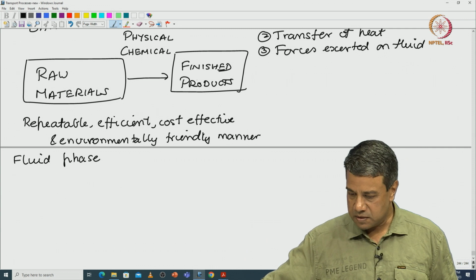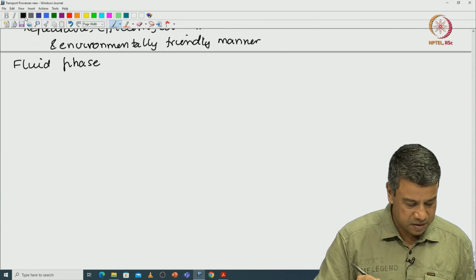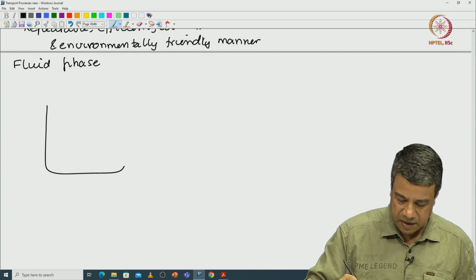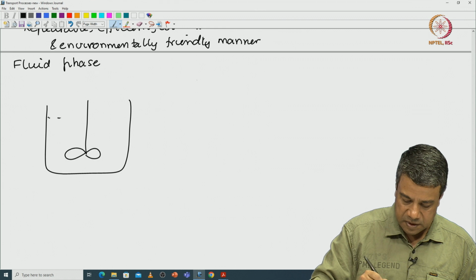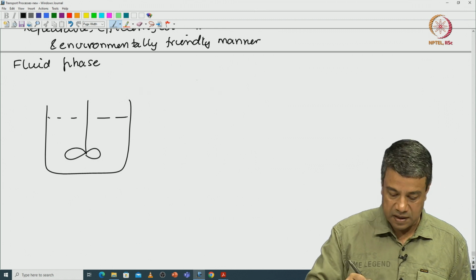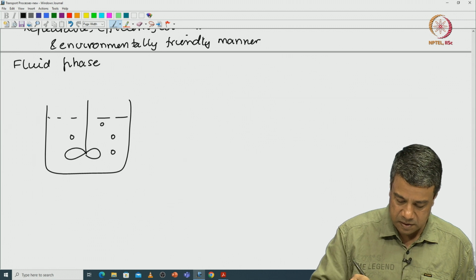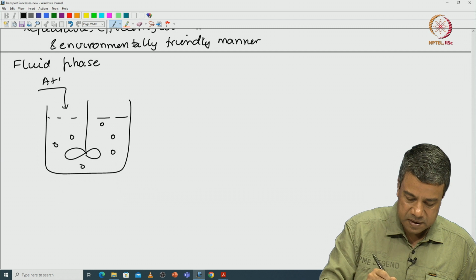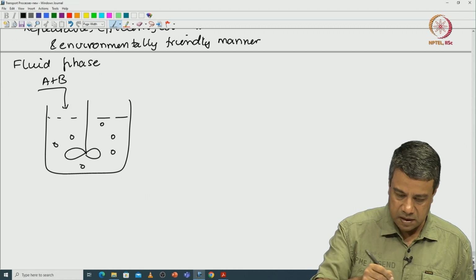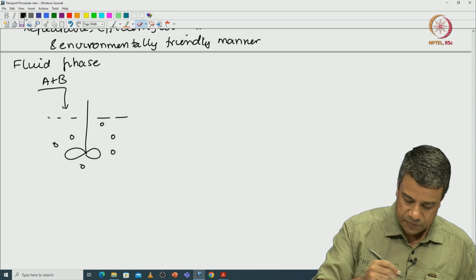Let me give you some examples of where we will use these transport processes. For example, if I have a reactor with an impeller in it, which is undergoing a reaction between two constituents that is catalyzed by a solid particle. You put in some constituents A plus B together, and at the outlet you have to remove the product.